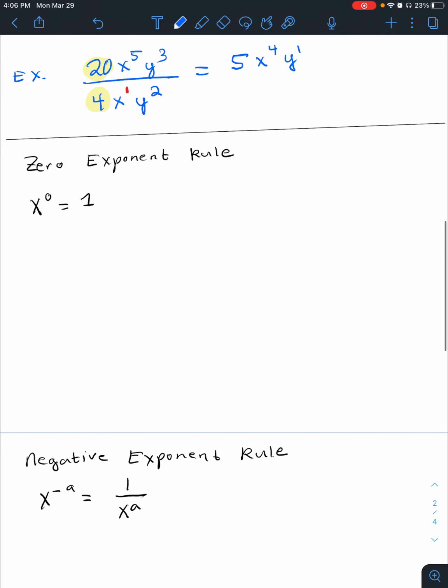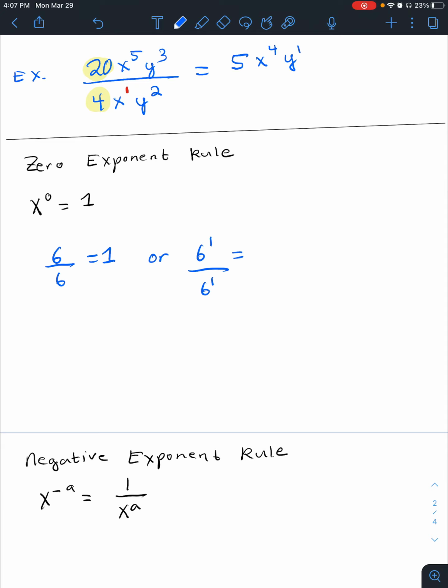The next rule, which is the strangest rule, is the zero exponent rule, which states that anything to the power of 0 is just 1. The reason that we justified this before was we took a question like 6 divided by 6. We know this is 1. Or 6 to the power of 1 divided by 6 to the power of 1.